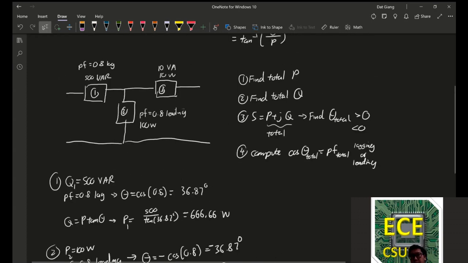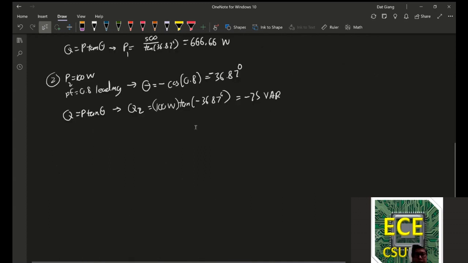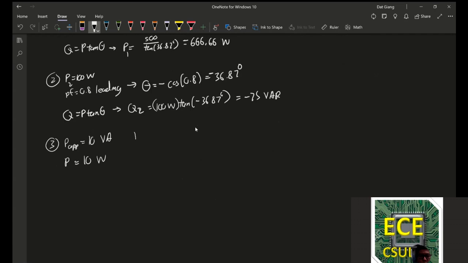Now for number 3, we're given 10 volt amp and 10 watts. So we have apparent power equal to 10 volt amps and P is equal to 10 watts. We can relate the two like so: P equals apparent power times cosine of theta.